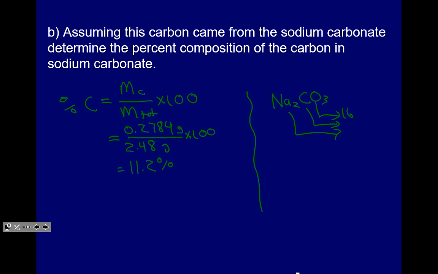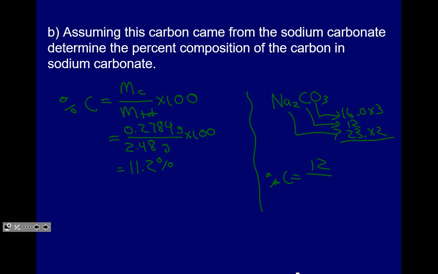16 times 3, 12, 23 times 2, right? That's the molar mass of sodium carbonate. And then what is the percentage of carbon? Well, it's 12 divided by that total times 100. And hopefully it's 11.2, or I didn't make the question up very well.